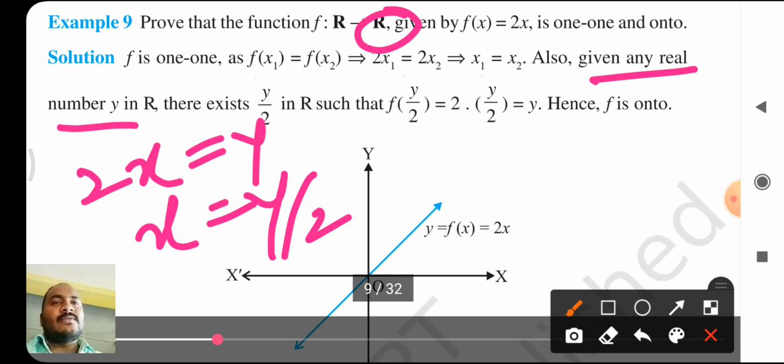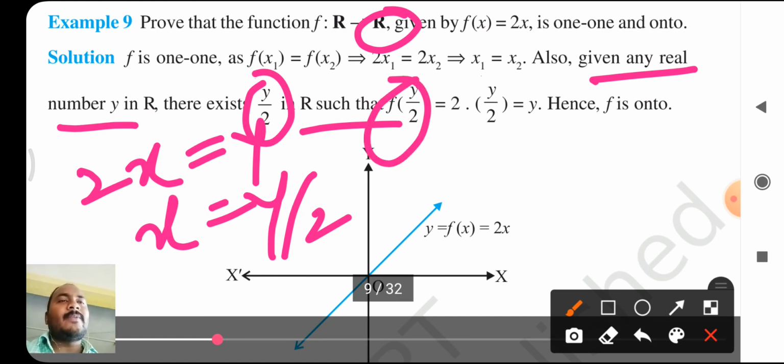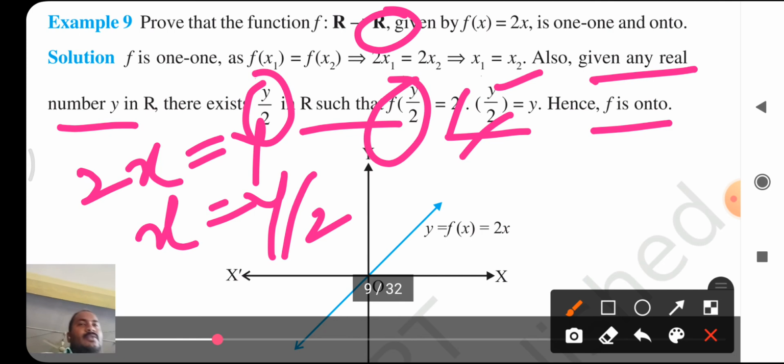Then there exists y by 2 in R. Just put x is equal to y by 2, then after simplification the 2 gets cancelled, we get again y. Hence f is an onto function.